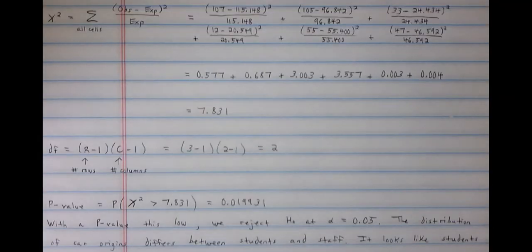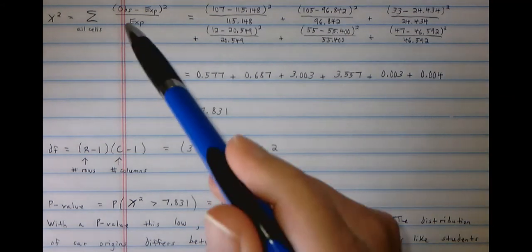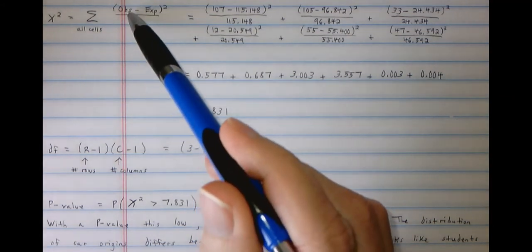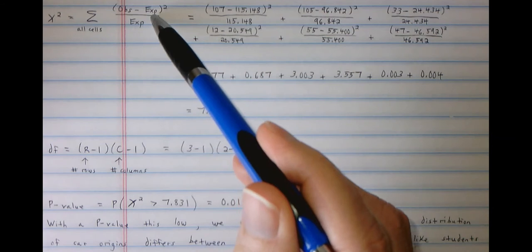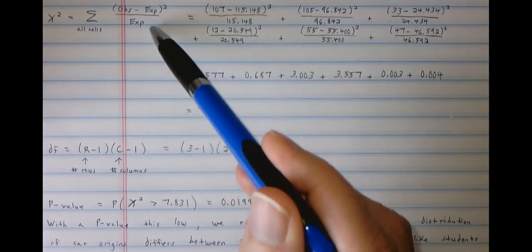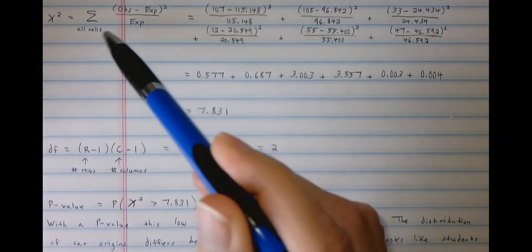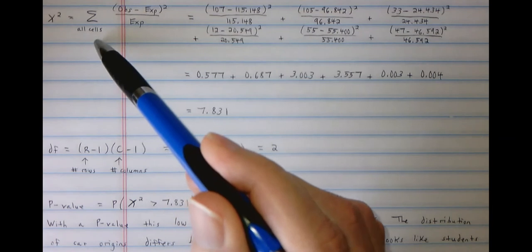Next, we calculate our test statistic chi-square, and this calculation is identical to the test for goodness of fit. We take our observed count minus the expected count, square it, and divide by the expected count, and then sum all of these.